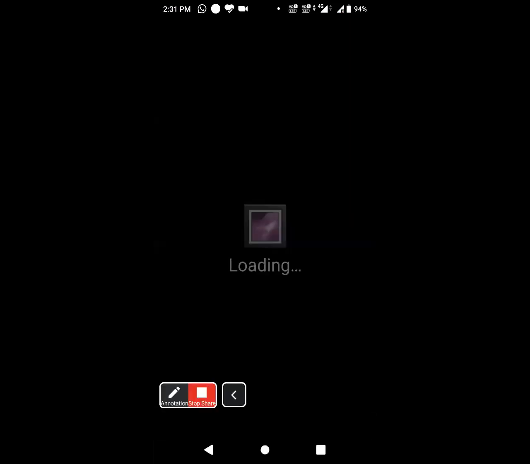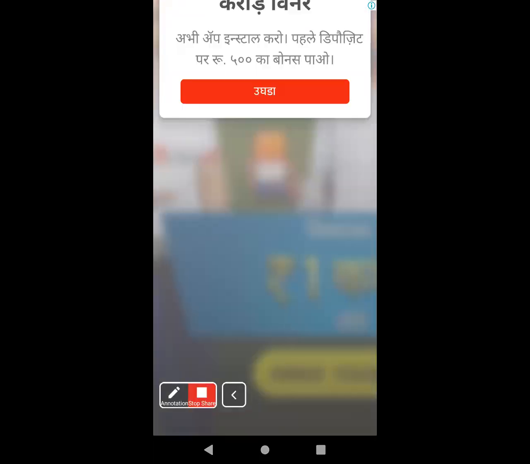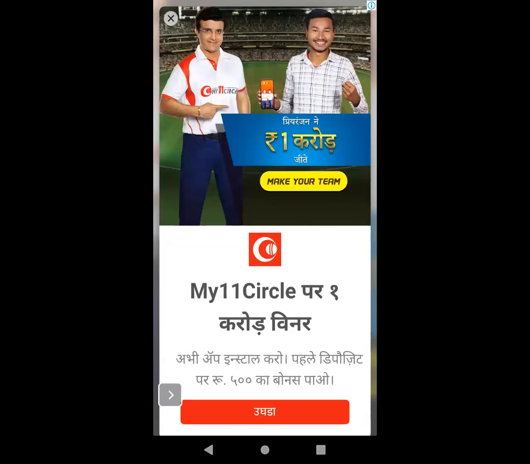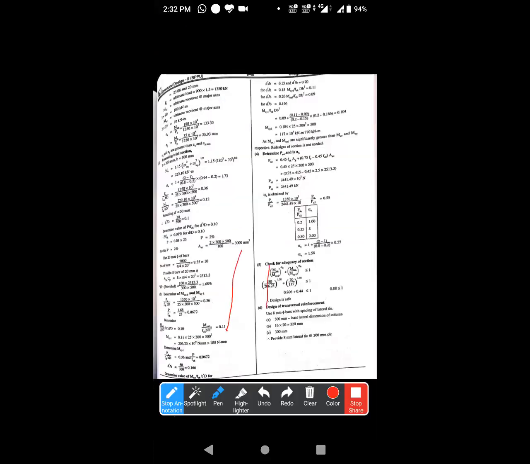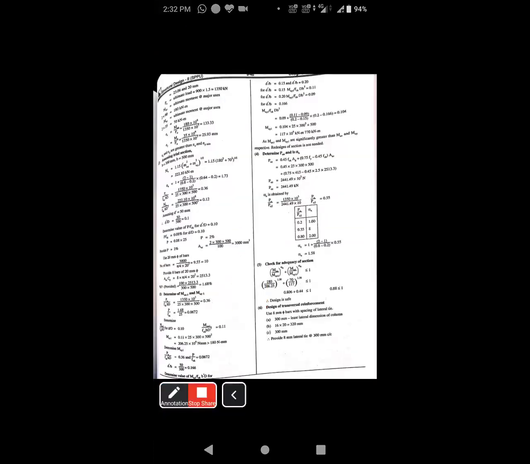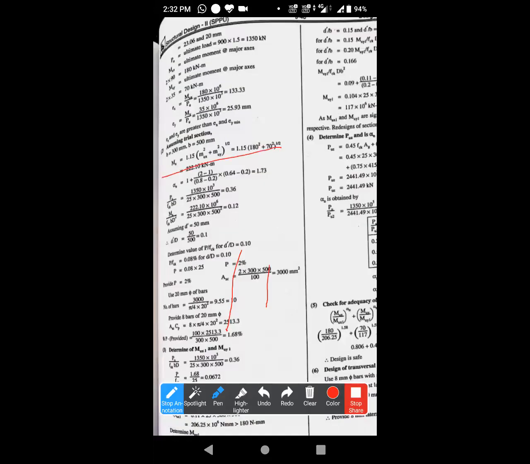This formula is in your IS code, we have discussed. We have already discussed this formula, MU 1.15 MUX and this.